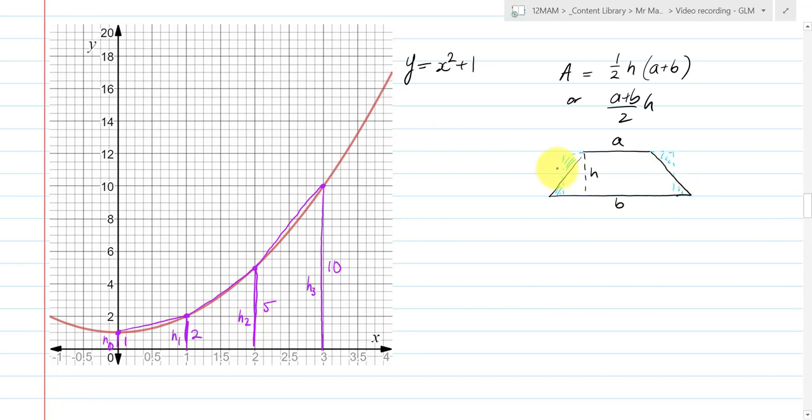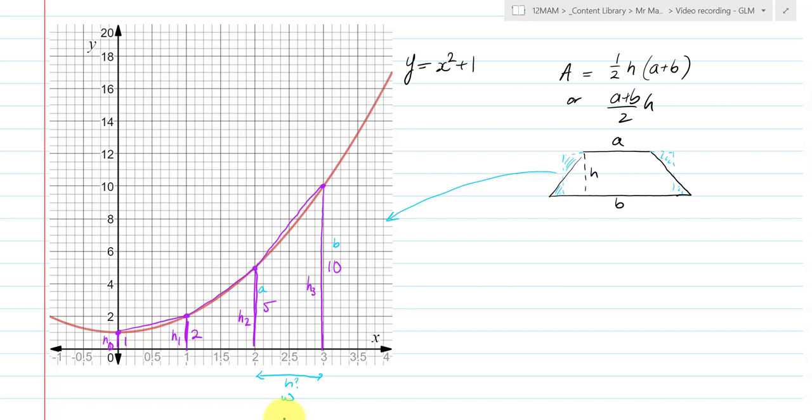But transposing this down here, this is your A and B, this is your B, and this is your A, and your height is actually this distance. But we call it W. W for width, because this is the width of each strip. Again, you might see different variants.